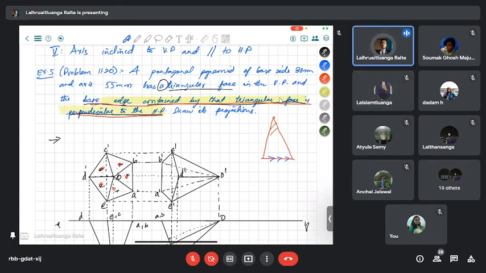All right. So as this base edge is making 90° to the HP, perpendicular means 90° to the HP, we are starting our arrangement by making this one base edge perpendicular to the horizontal plane.